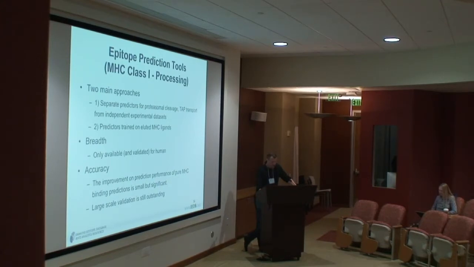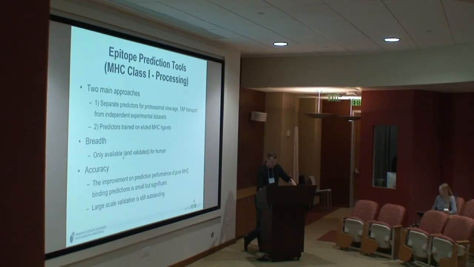Then we have MHC class 1 processing predictions, which incorporate other factors than MHC binding, such as proteasomal cleavage and TAP transport. And we have predictors trained on eluted ligands that are essentially using data from peptides that are naturally processed, presented, and bound by MHC molecules, which combine the effects of these different processing steps in the peptide sequences that we find in these eluted ligands.